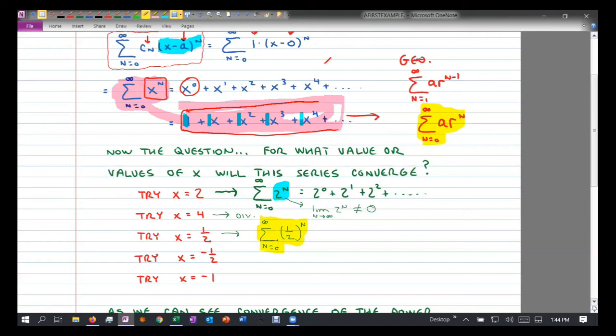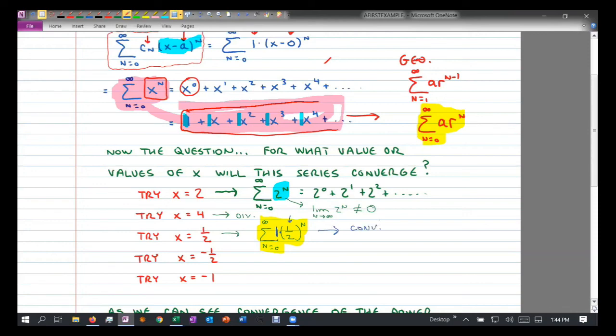What's a for us here? 1. a is a 1 sitting right in front there. And then what is our r? A half. And the absolute value of r is less than 1, and that's what makes a geometric series converge, right? So in this case, this converges.